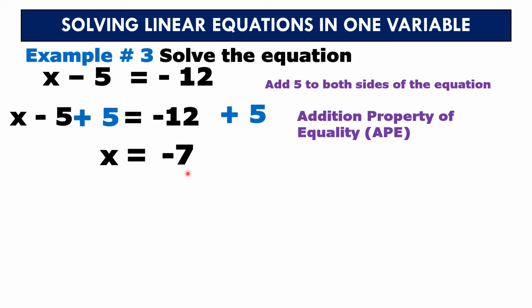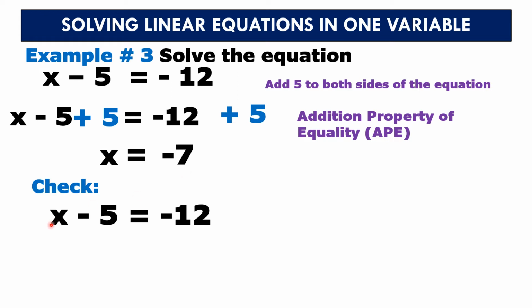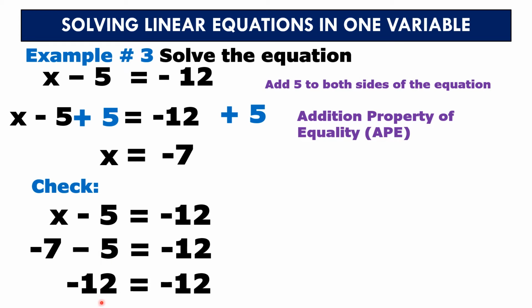So check natin if the answer is correct. The value of x is negative 7, so substitute lang natin. Negative 7 minus 5 is equal to negative 12. Since this is true, therefore, negative 7 is the solution of x minus 5 equals negative 12.